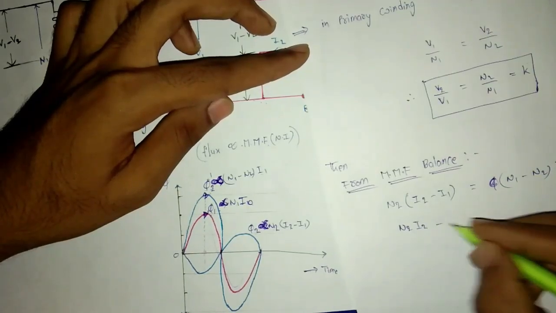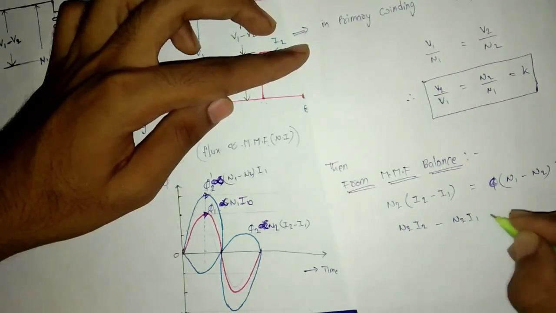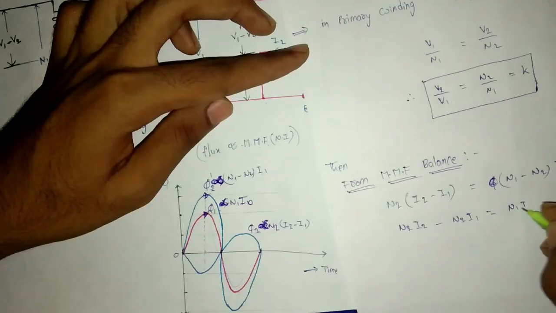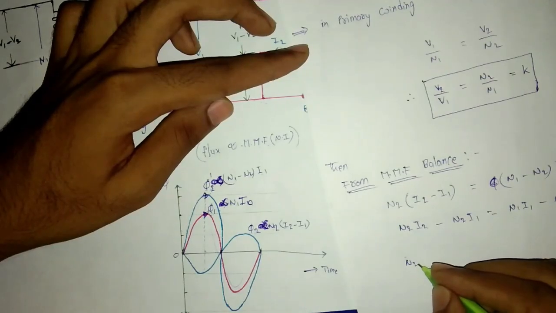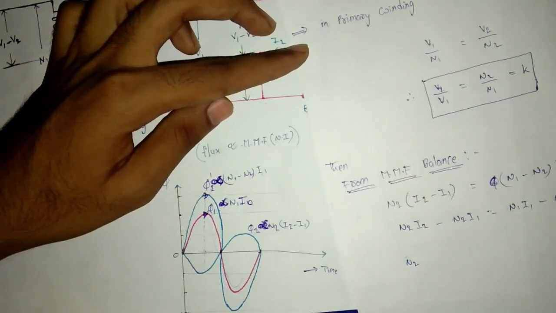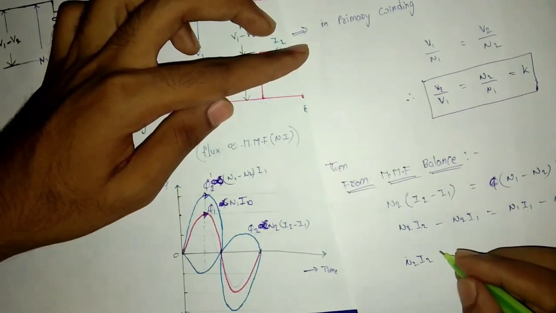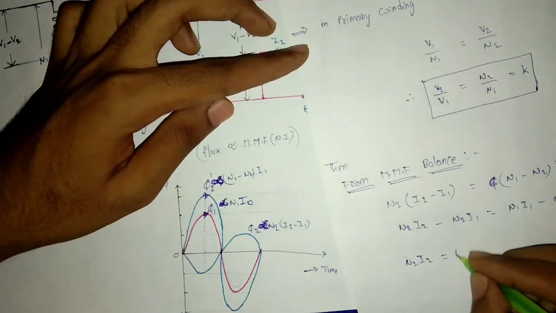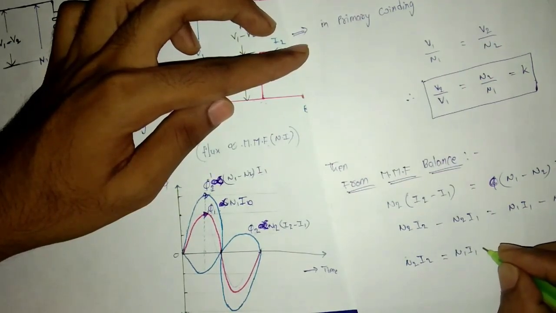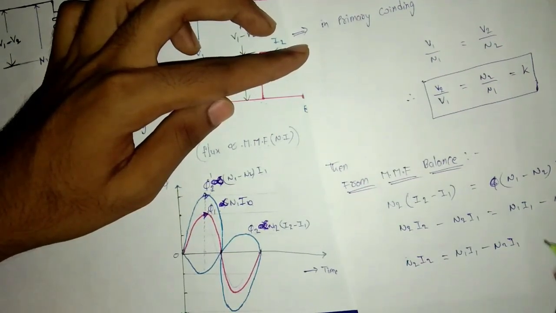N2 I2 minus N2 I1 equals N1 I1 minus N2 I1.